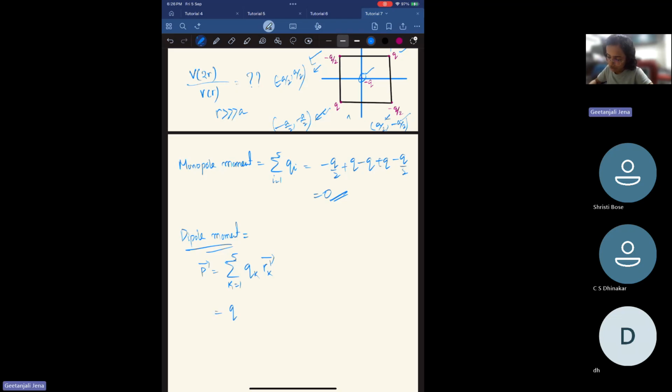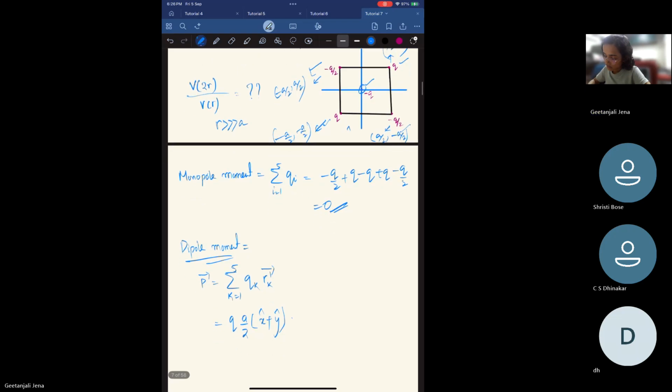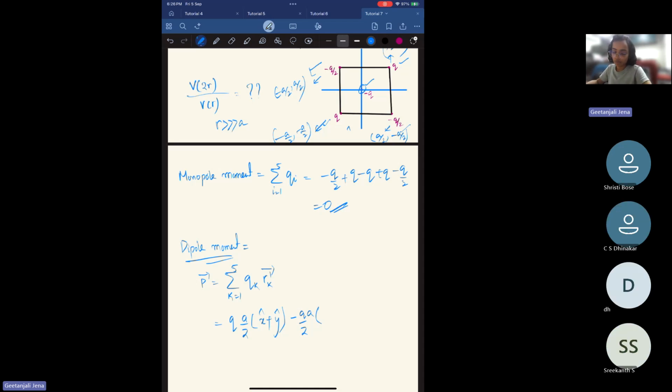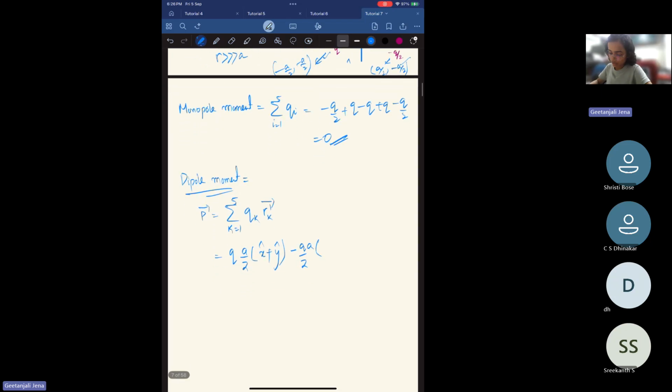Let us see for the first charge, q, this will be a by 2 x cap plus y cap, then minus q by 2 a. Okay, yes, you are right. The dominant term will be the quadrupole. So find out the answer then. Meanwhile, I will solve the text.